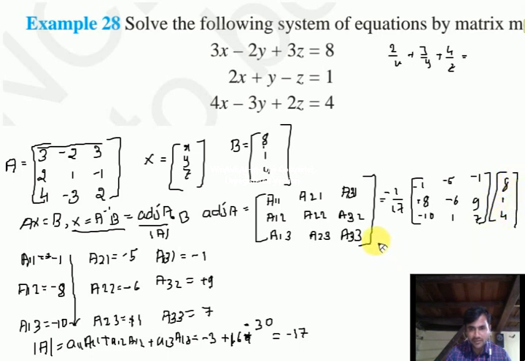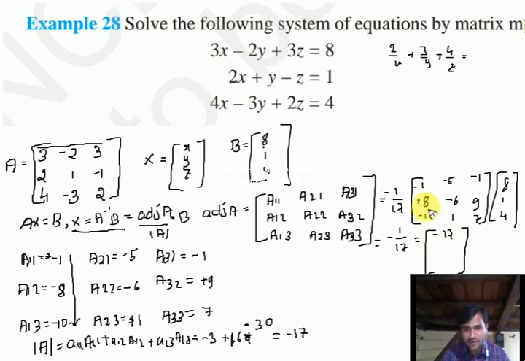If you multiply this, you will have 3 rows and 1 column. 8 into 1, then 1 into minus 5, 4 into minus 1. So minus 8 minus 5 is minus 13, minus 4 is minus 17. This value will be minus 17.